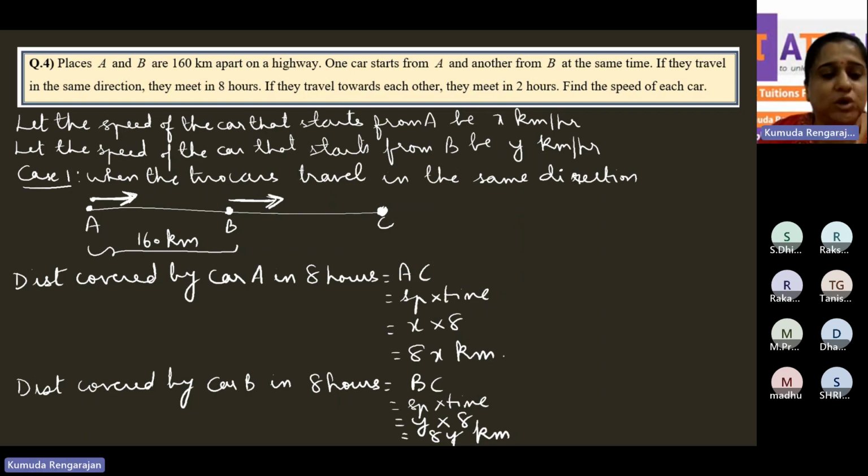We know that AB is 160 kilometers because the distance between the two places is 160 kilometers. Now, what is the distance covered by car A, the car that starts from A, in 8 hours?